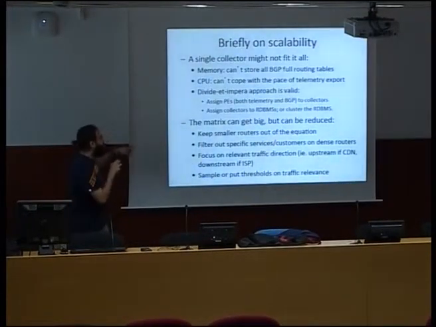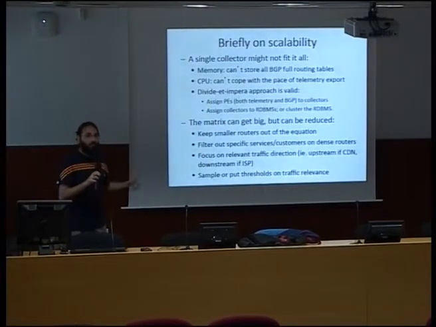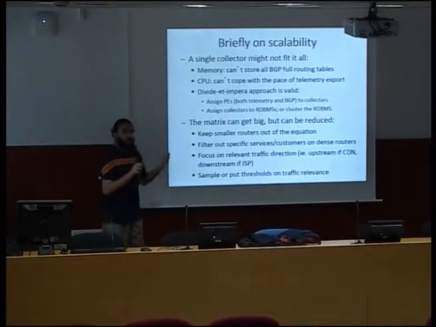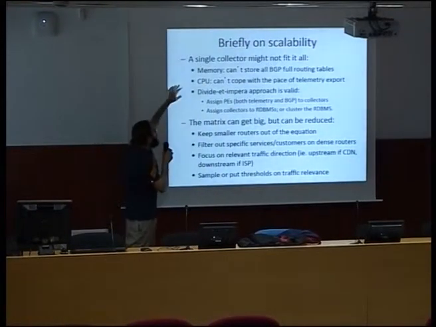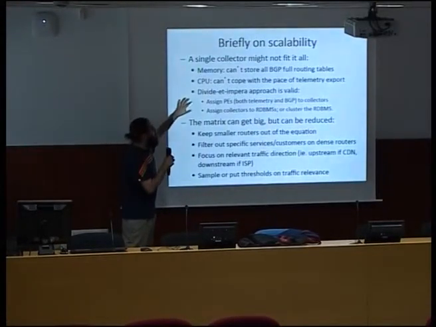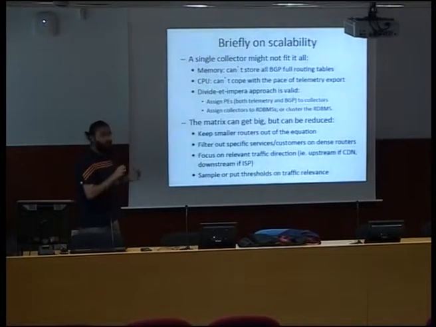So I just conclude this slide saying that on scalability, you cannot really fit everything on a single collector, because you have limited resources: memory, CPU, and things like that. But the divide et impera approach is very valid.